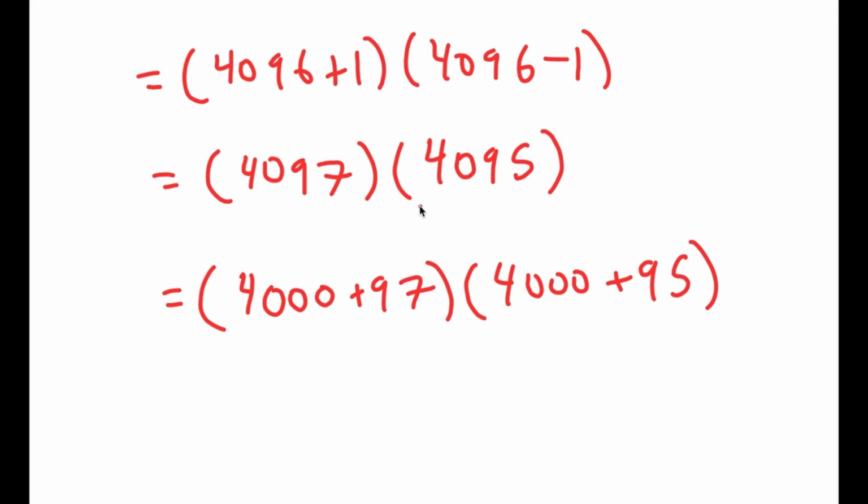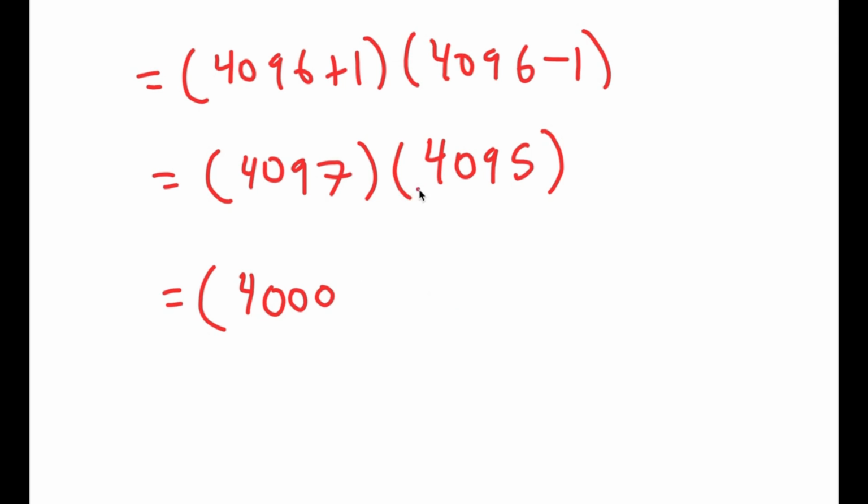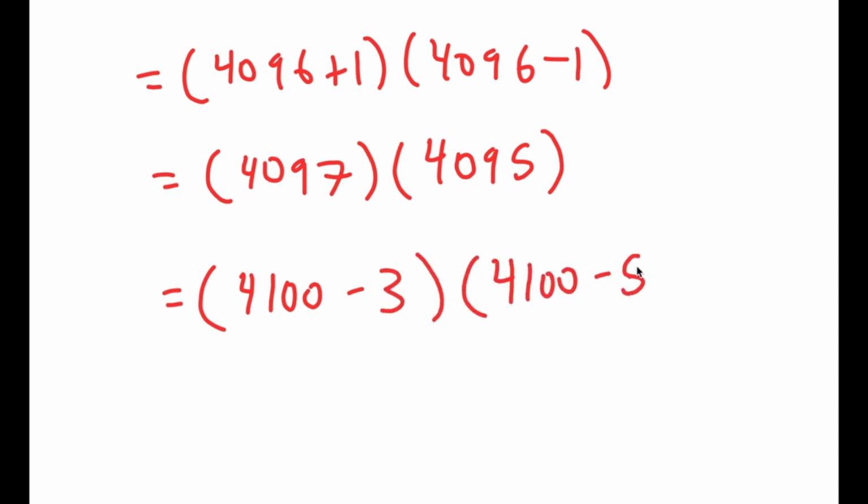Or what I can also do, which is an easier method, is to rewrite 4,097 as 4,100 minus 3 times 4,100 minus 5. And this is also another way to rewrite this, this time with subtraction instead of addition. But now, notice how we have 3 times 5, which is much easier to solve than 97 times 95.